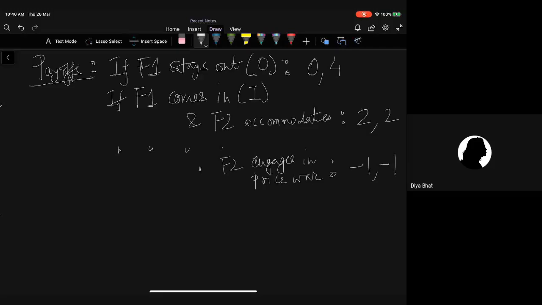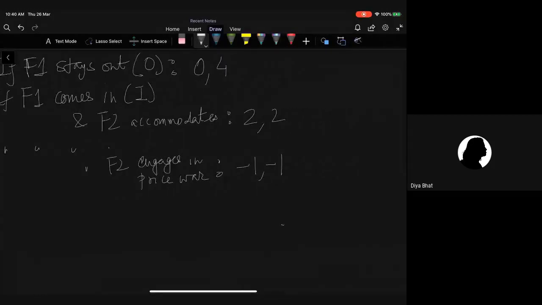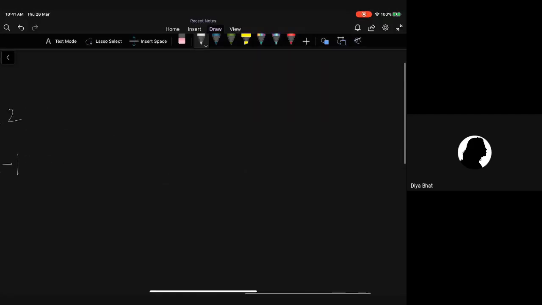So this is the description of the game: the players, the sequence of moves and the strategies, and the payoffs. Now we can express this game in the normal form, which is the matrix form, and then study what the Nash equilibria are, and then discuss what the issues are with that. Let's first write down the normal form expression of this game, the payoff matrix. We'll write F2 on top.